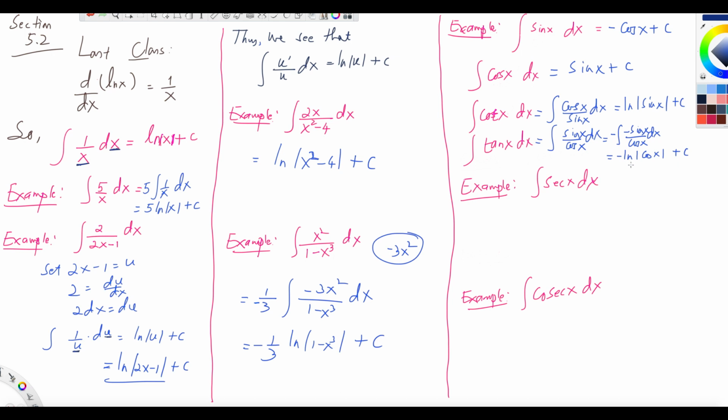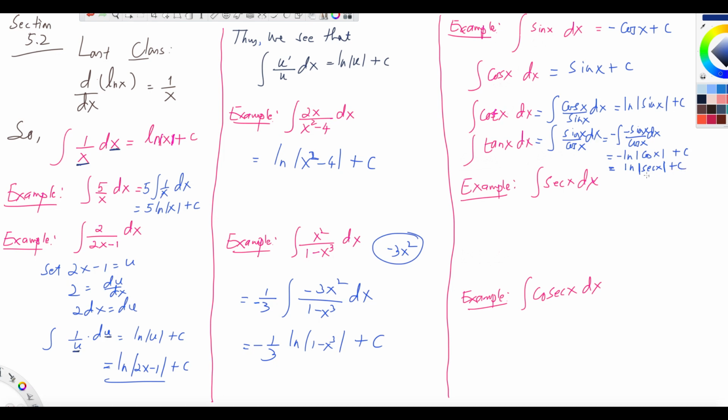And some people move this negative sign up and write cosine x to the negative 1. And you can write cosine x to the negative 1 as 1 over cosine x, right? You can write the natural log of 1 over cosine x. 1 over cosine x is secant x, plus c. So some people use this format: the antiderivative of tangent x is the natural log of secant x plus c, that way.